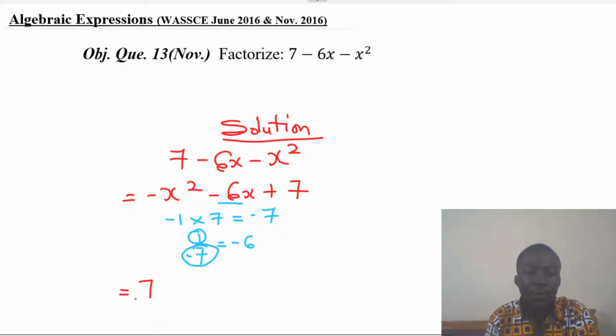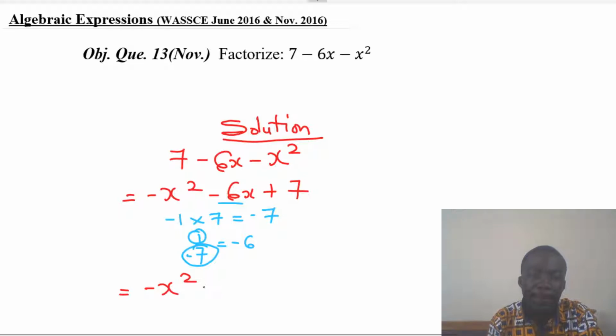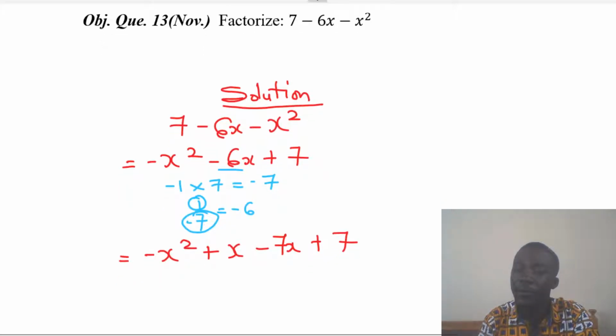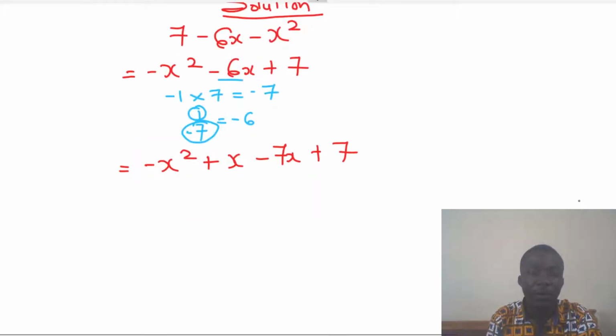So we are going to get 7, the first negative x squared, then plus 1x, so 1x is the same as x, then minus 7x plus 7. In our next step, we are going to group the 4 terms we have here into 2.